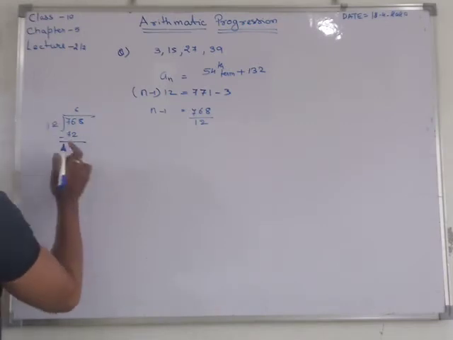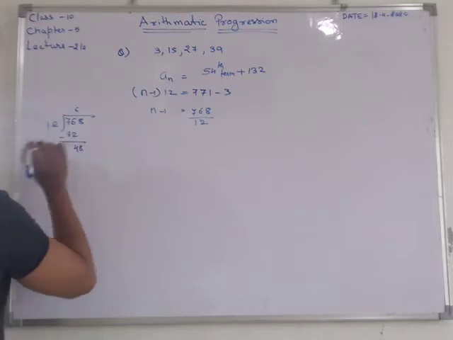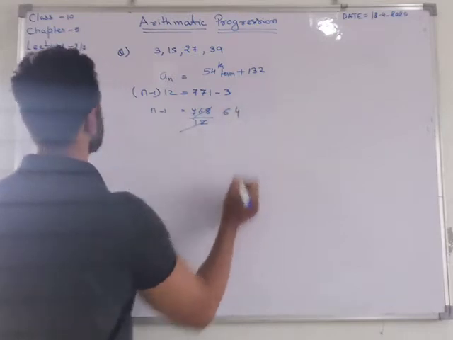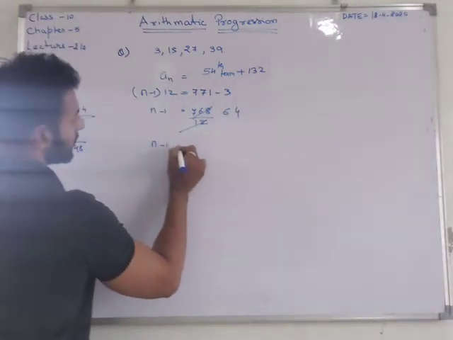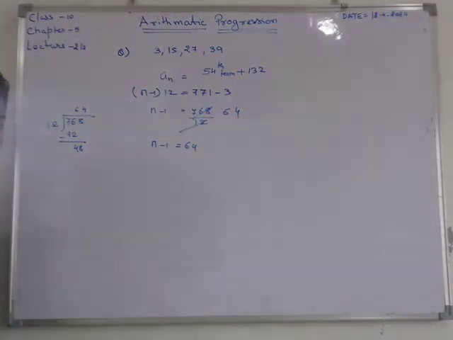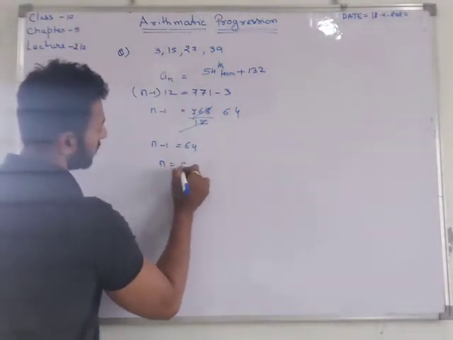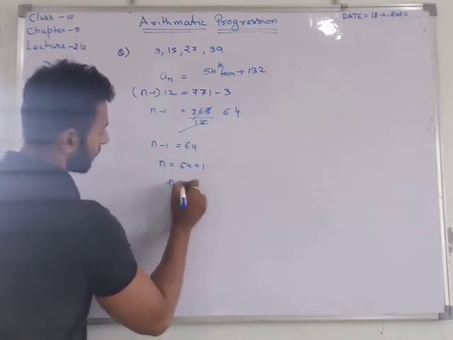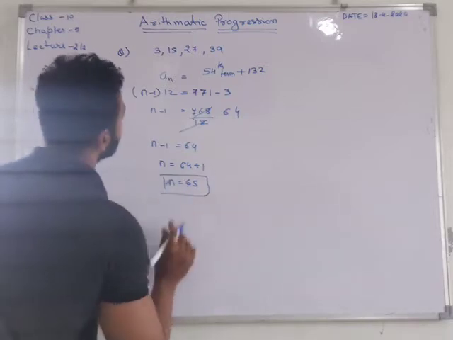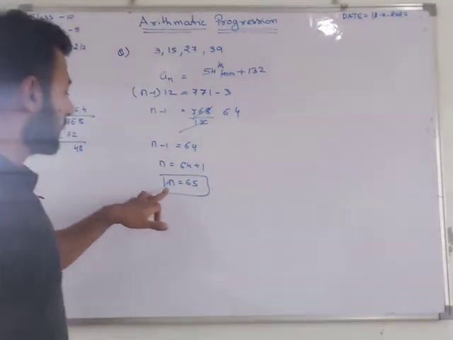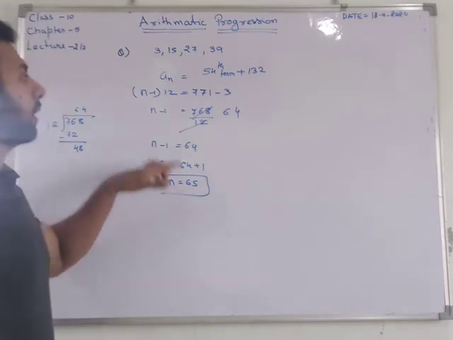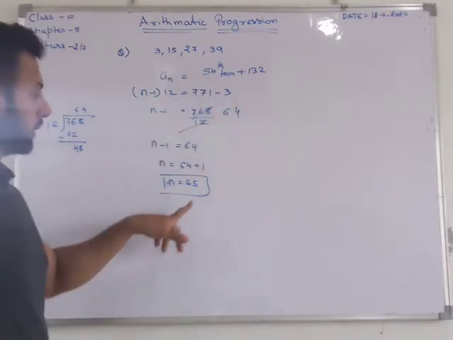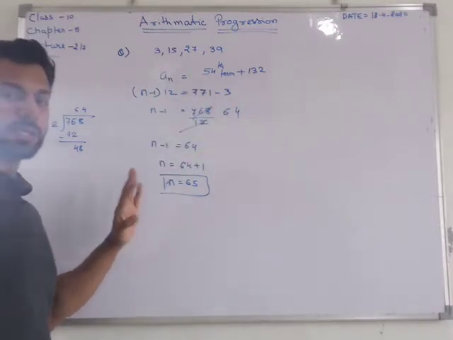Subtracting this, we will be getting 48. This will be 4. So by cancelling out, we will be getting 64. N minus 1 is equal to 64. Taking this minus 1 to the right hand side, this will be 64 plus 1. So n is equal to 65. Means the 65th term of the AP is 132 more than the 54th term. So the value of n is 65.